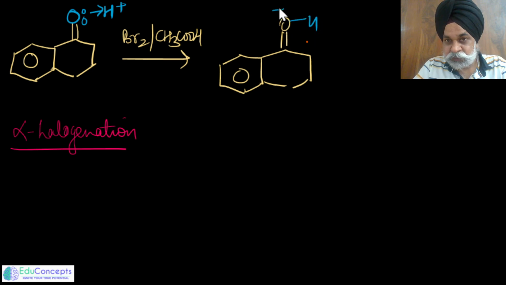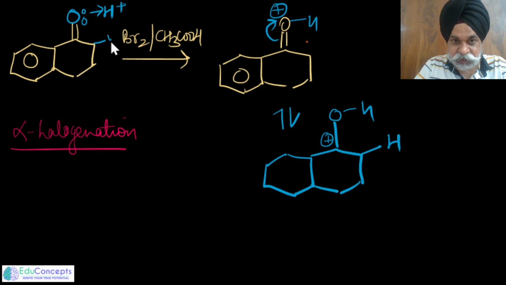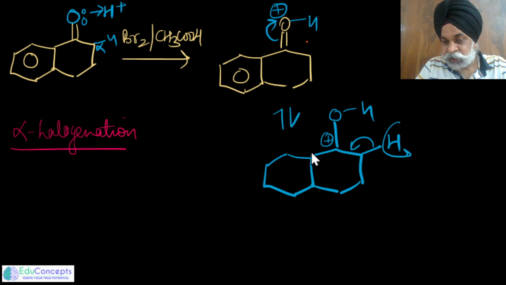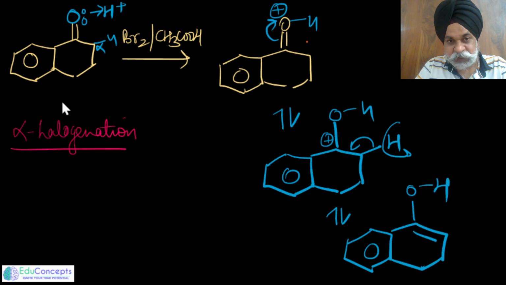As a consequence, you would get a positive charge here, and this opens up like this, which then leads to tautomerism. This would get OH, and here you would get a positive charge, and here you have an alpha hydrogen. This is the alpha hydrogen we can think about, and this goes here, leading to the formation of a double bond. So basically I did a sort of tautomerism here in the first go.